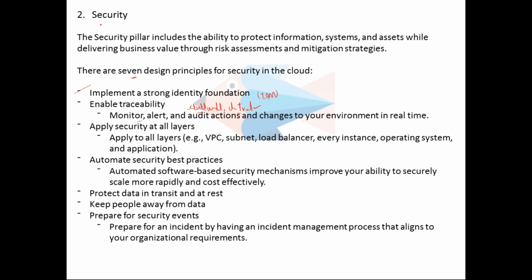So in terms of security, you should be using IAM and go for CloudWatch or CloudTrail and apply security at all layers. So if you take VPC, we have NACL as a firewall for your subnet, whereas we have security group as a firewall for your EC2 instance.